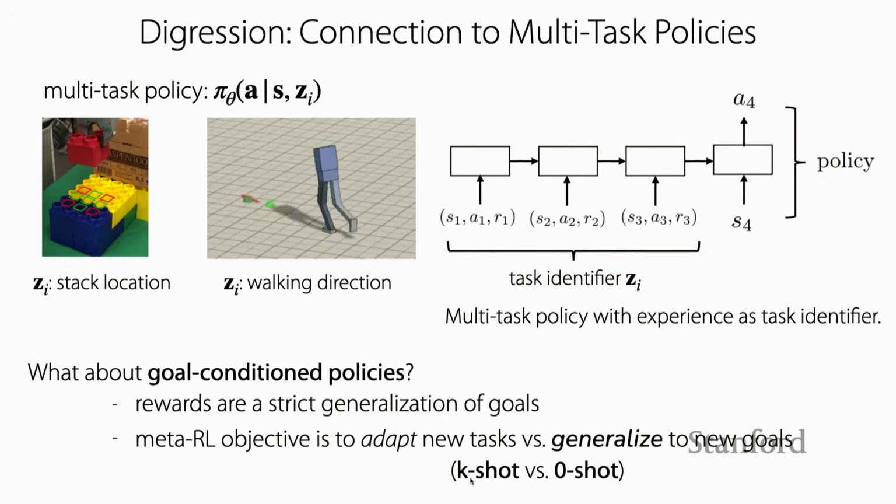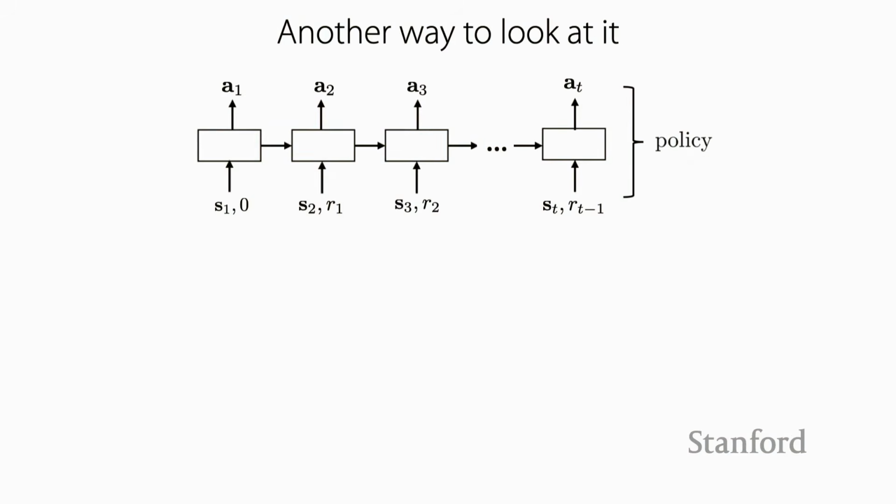This is the difference between zero-shot generalization in the goal-conditioned case and k-shot generalization, with k episodes or k time steps, in the meta-RL case. Now, we've talked about how we can view the experience as the task descriptor Z, or the prompt, essentially.